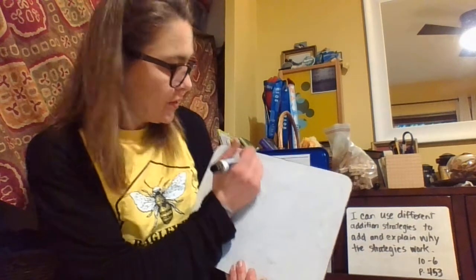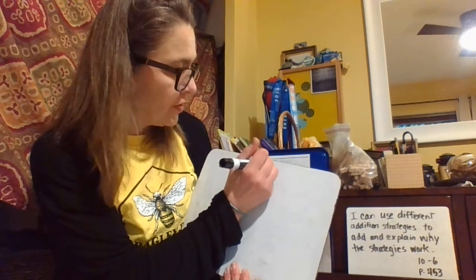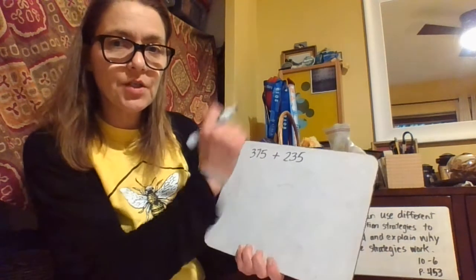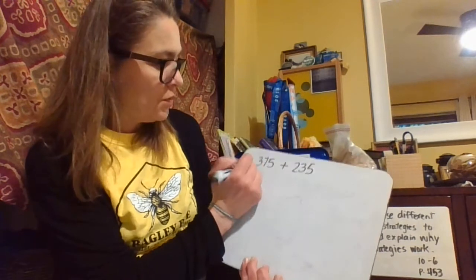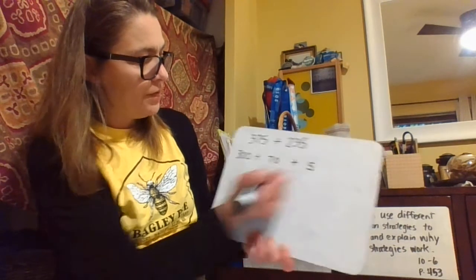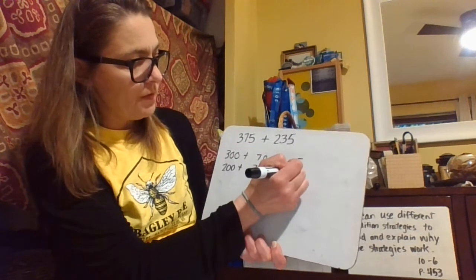Okay, let's get started. We're going to work on the solve and share today, and I'll use that same equation to model the different strategies and explain why they work. So they're asking you to find the sum of 375 plus 235. If you use the strategy we used yesterday, partial sums, you would add 300 plus 70 plus 5, 200 plus 30 plus 5.